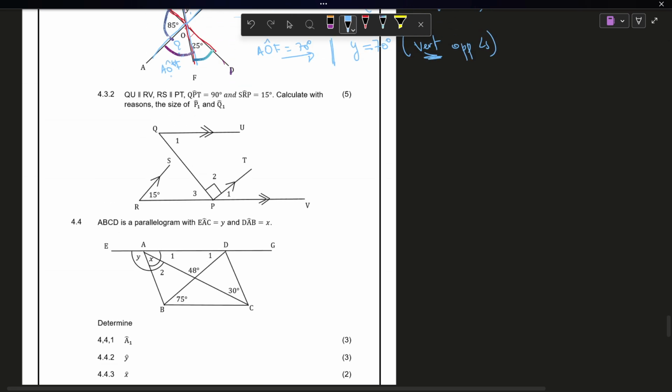Question 4.3.2. Okay, so here we've got some angles to find. What are we given? We can see that this line, QU, is parallel to RV. How do we know?